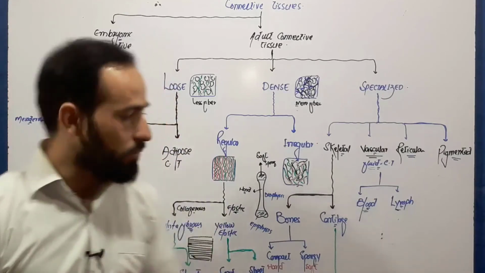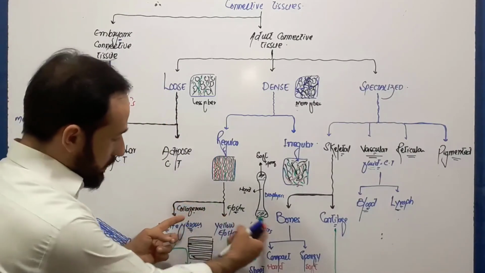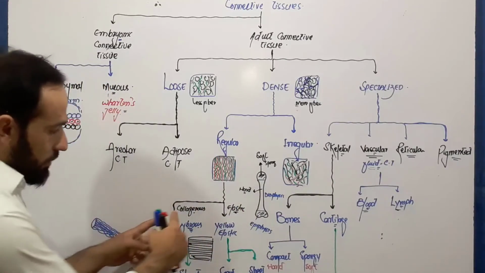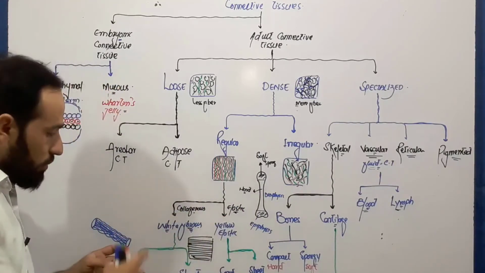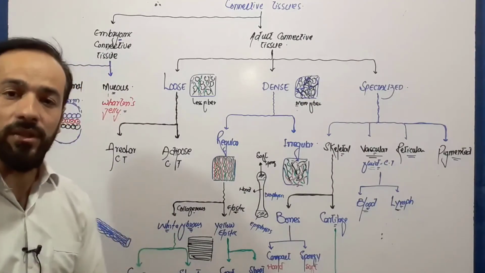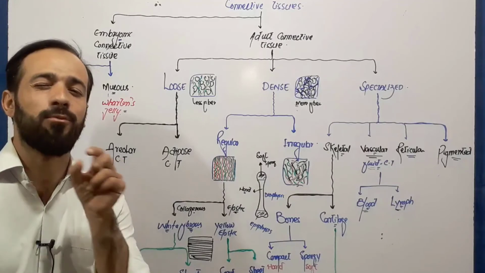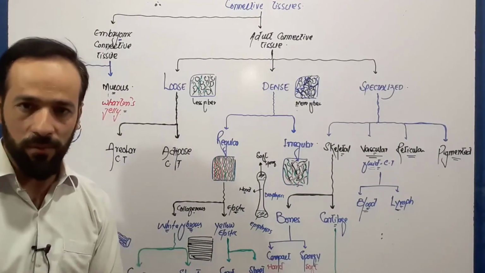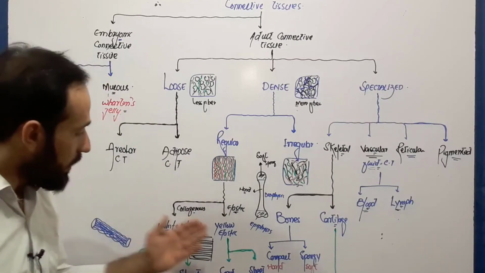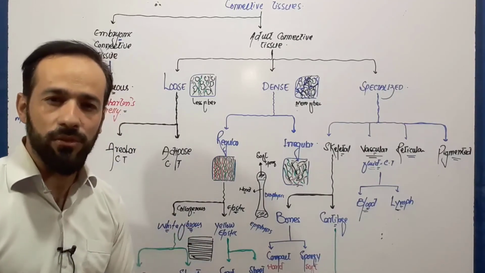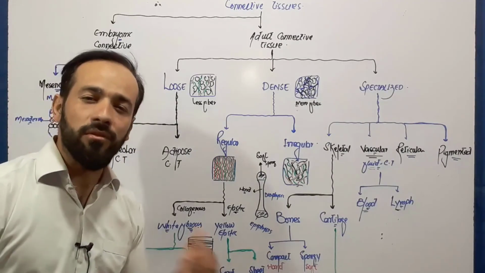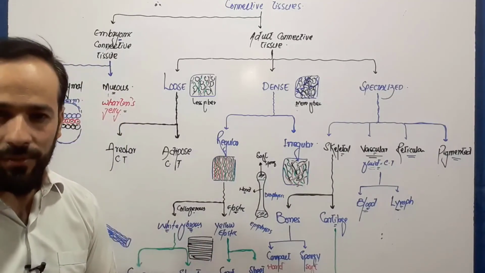Dense regular was divided into collagenous and elastic, or we say white fibrous and yellow elastic. The white fibrous is divided into the cord shaped and the sheet shaped, examples of which are tendon and aponeurosis. The yellow elastic connective tissue was also divided into cord and sheet, examples of which are ligaments. Okay.